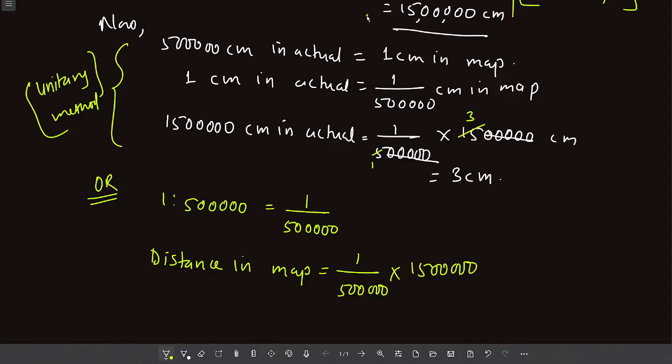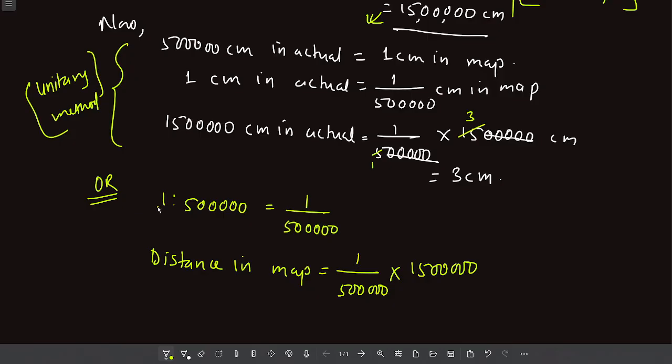So you have to convert that 15 kilometer into centimeter, that is compulsory. And after that you can just multiply the ratio with 15 lakhs also. We need to multiply the actual distance with the given scale. Scale is 1 is to 5 lakhs.